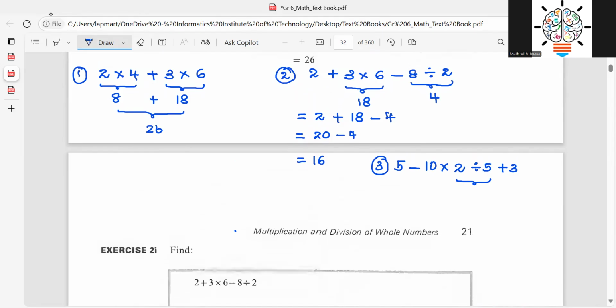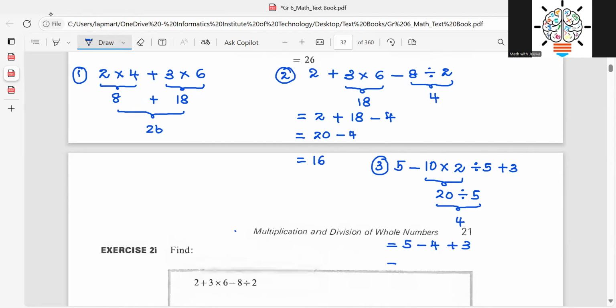It doesn't give me a whole number. In that case, I move to the multiplication first. That is 10 times 2, 20. 20 divided by 5 gives me 4. Then I rewrite the question, 5 minus 4 plus 3.